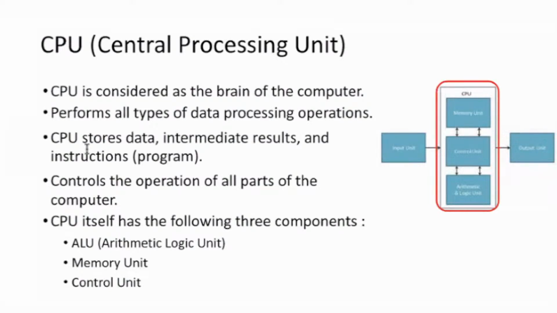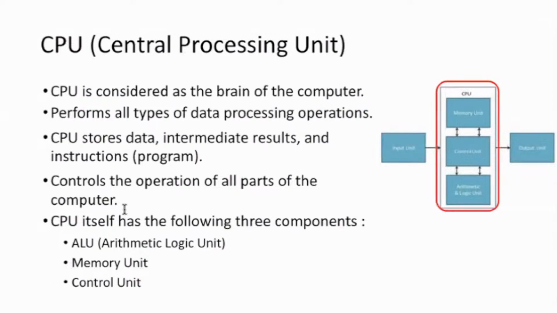Okay, so data and instructions are a must. Then it controls the operation of all parts of the computer. That means, as I explained, the CPU is the main component of the computer. So all the equipment is plugged into the CPU. So all the equipment is controlled inside the central processing unit.